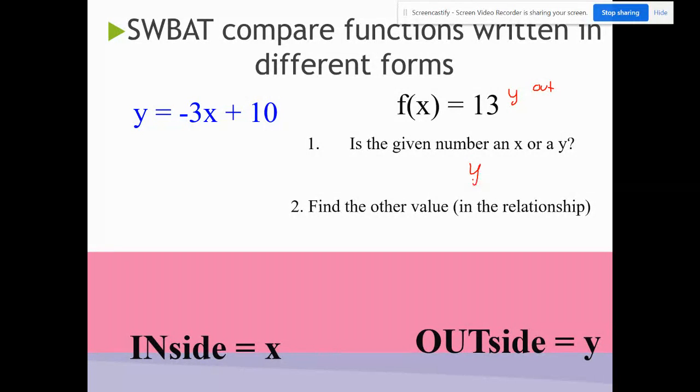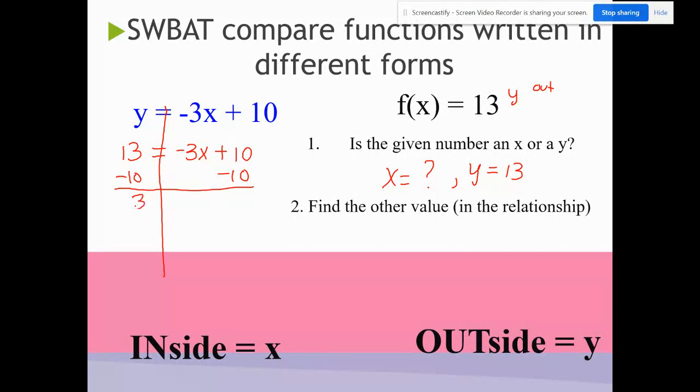So I'm telling you that y is 13. I want to know what x is. All right. So we're going to get rid of the y. Remember, when you substitute, you got to get rid of the letter that you're plugging the number in for. And you'll notice that I still have x in the problem. So I got to get x alone. We're going to do some opposite operations. Use a calculator if you need to.